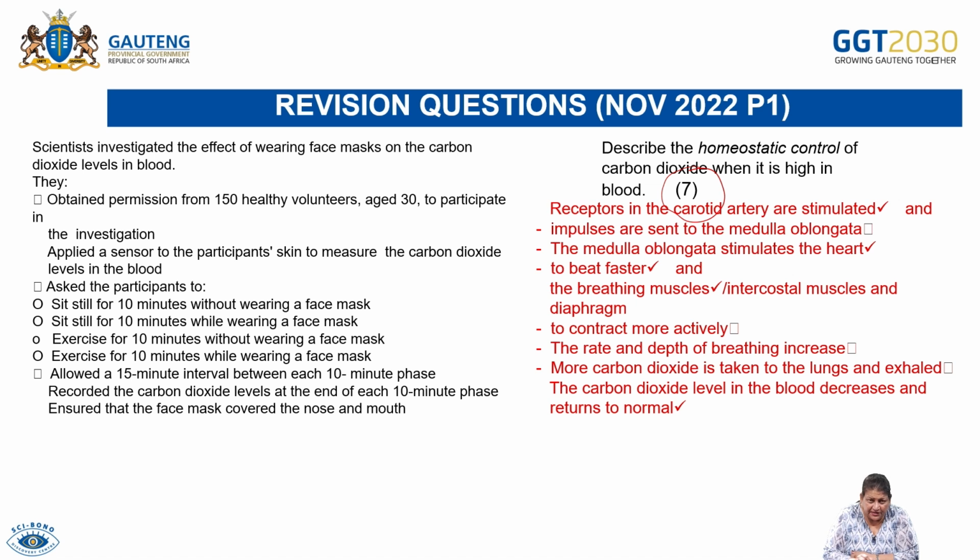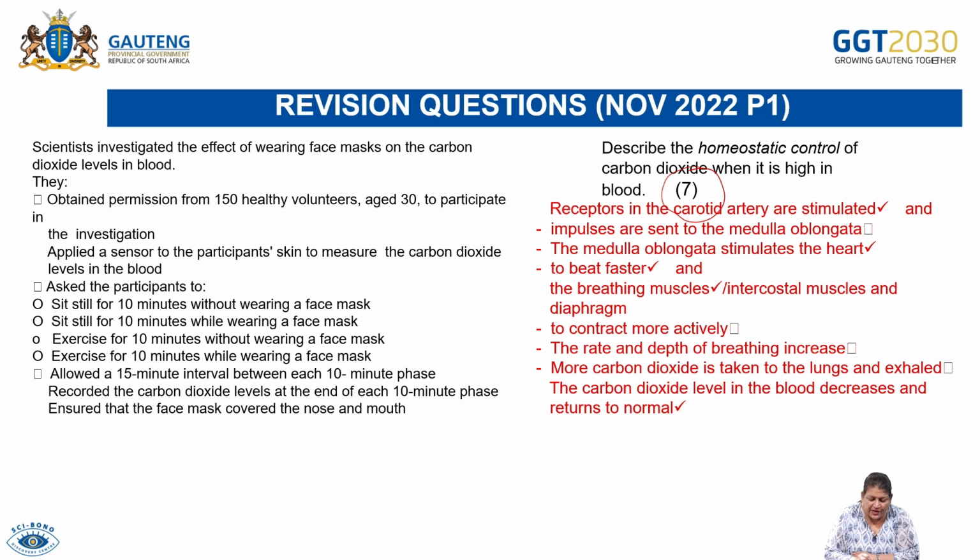The breathing muscles, or you could say intercostal muscles and diaphragm, contract more actively, or you could say the breathing muscles and the intercostal muscles will contract and relax at a higher rate, right? Then the rate and the depth of breathing will increase.